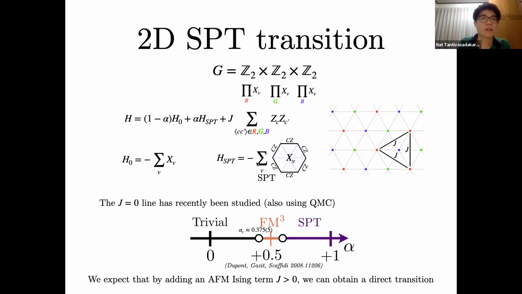And so without the Ising term, this interpolation between paramagnet and SPT actually has been studied using quantum Monte Carlo by these guys here. And what they found is that they don't find a direct transition between trivial and SPT, but there is an intermediate ferromagnet phase, which breaks all of the 3 Z2s. So unfortunately, they don't find a direct transition.